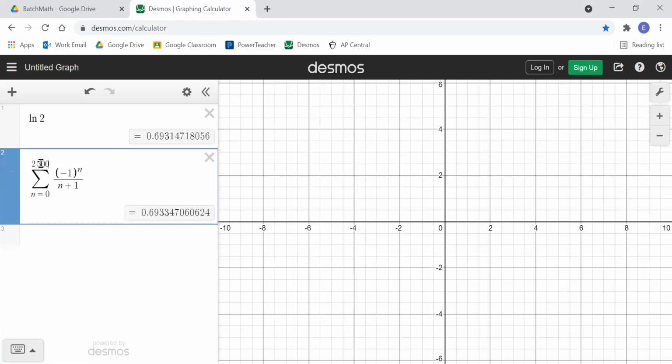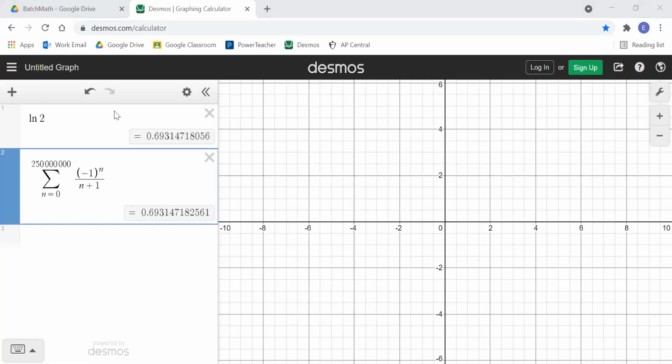What if I make it 2,500? 0.6933, 0.693167. That's getting pretty close, right? The further out I put values in here, it sure does look like it is converging towards that value of the natural log of 2, doesn't it? Wouldn't you guys agree with that?